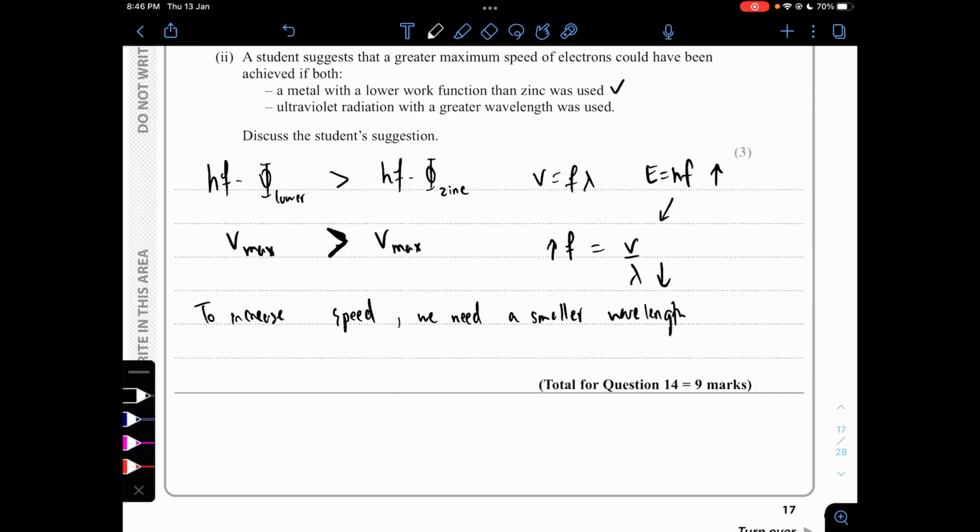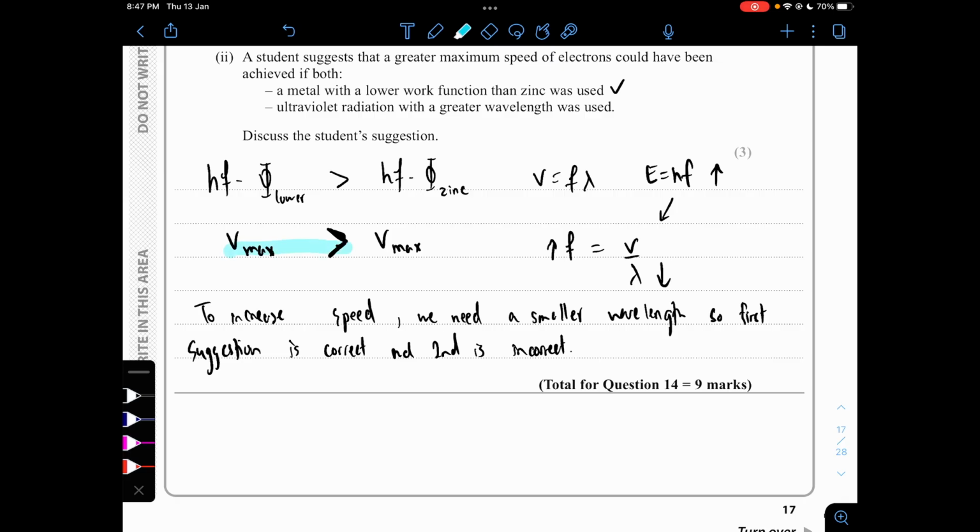So the first suggestion is correct and the second is incorrect. So what are the marks?